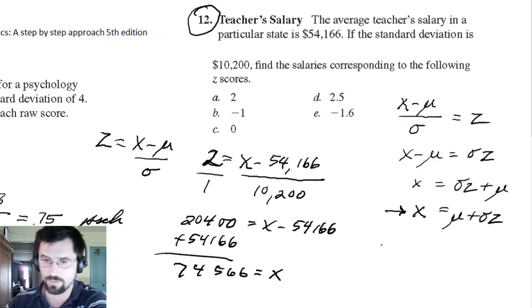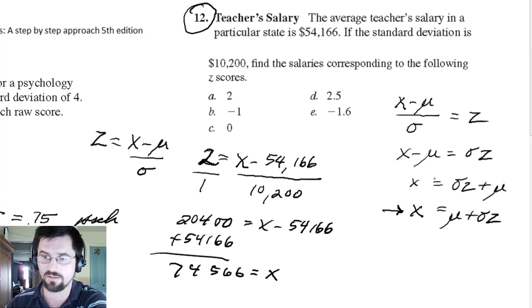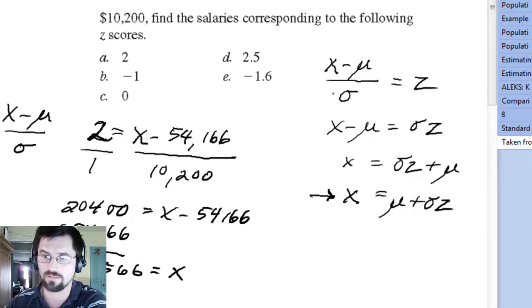But a shorter way to do it would be to do it with this formula. This formula does all the steps of the algebra that I did over here, but it does them ahead of time. So to get sigma off the bottom, I multiply both sides by sigma. Gives me sigma z on the right. And then I add mu to both sides, and that gives me sigma z plus mu, but I don't like that order. I like mu plus sigma z.